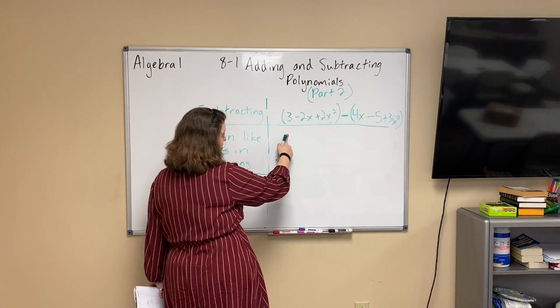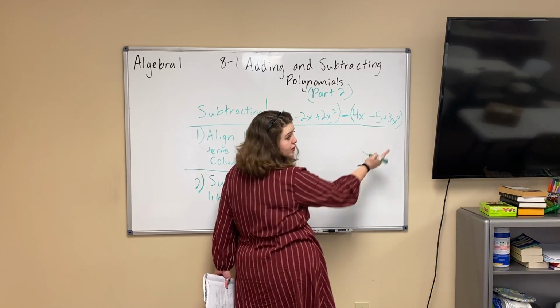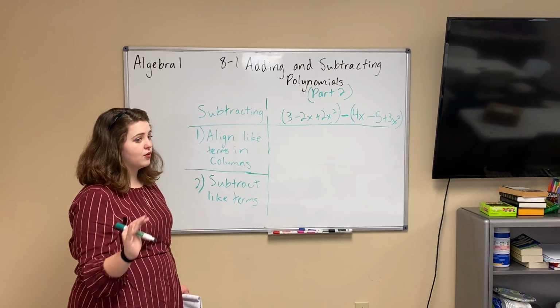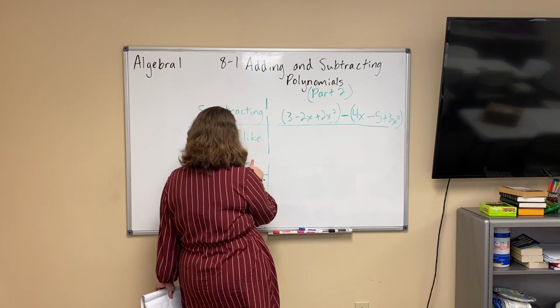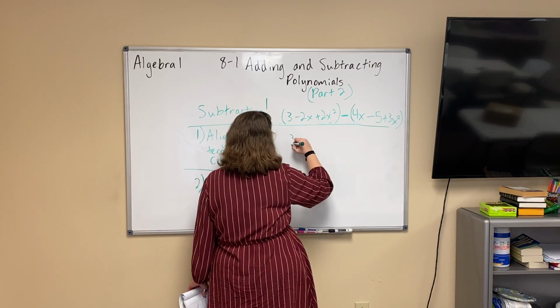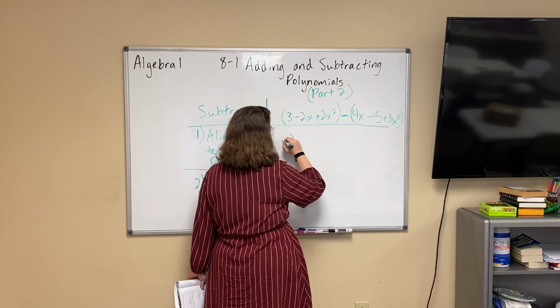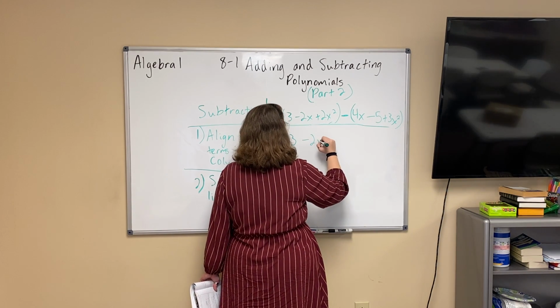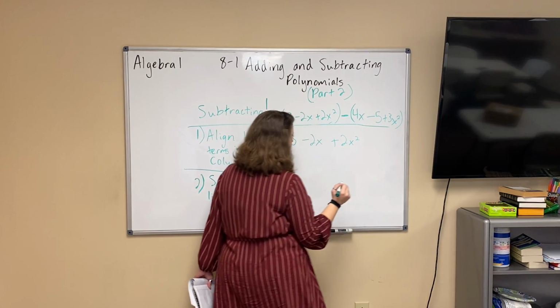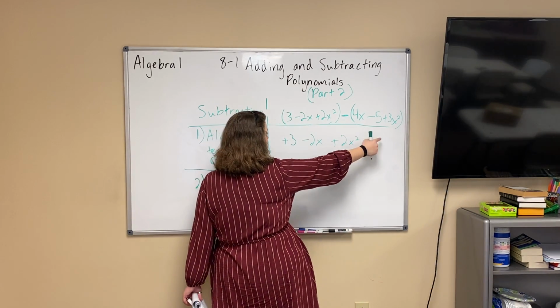So I'm taking one polynomial and subtracting this whole thing, not just subtracting one part of it. So first things first, let's line them up in columns. We're going to have a positive 3, minus 2x, and then a plus 2x^2. Now we're going to take the ones that match.